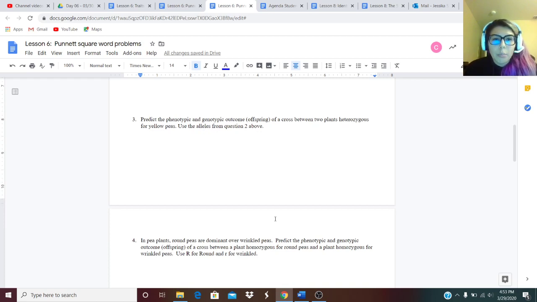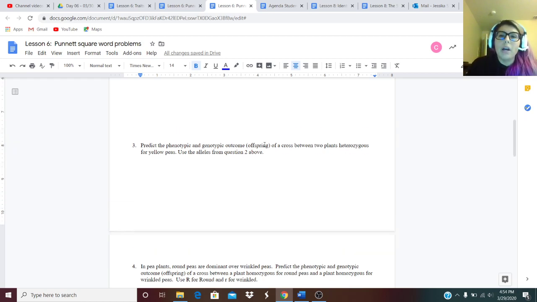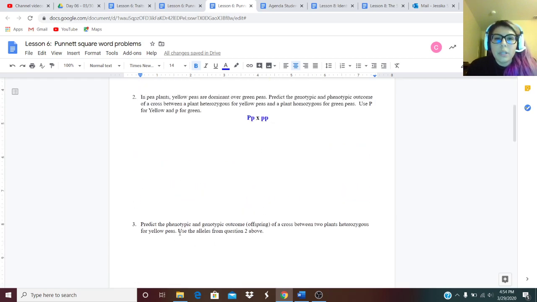Okay, predict the phenotypic and genotypic outcome of a cross between two heterozygous for yellow peas. Use the alleles from question 2 above. Okay, so what does that mean? We're using the alleles that are in number 2.